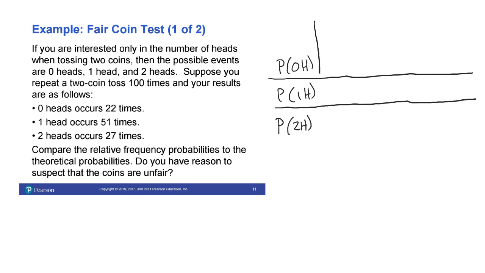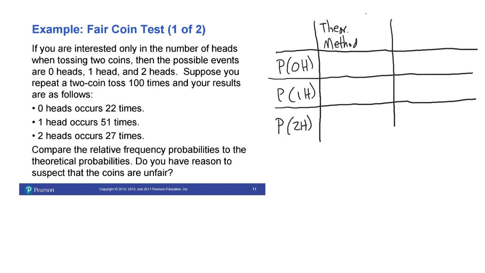And I'm going to calculate those probabilities both ways. I'm going to calculate them using the theoretical method, and I'm going to calculate them using the relative frequency method.